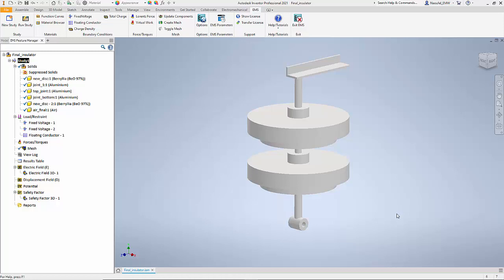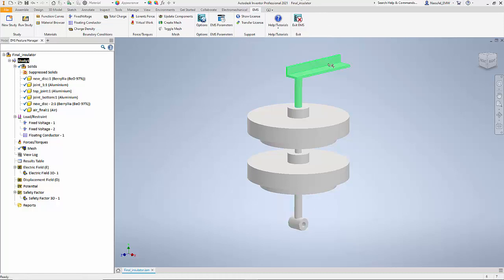Now, if you look at the model, we have two disc insulators that are made from beryllia. We also have a conductor, aluminum, which is in contact with a high voltage power source, and the voltage is 80 kilovolts.